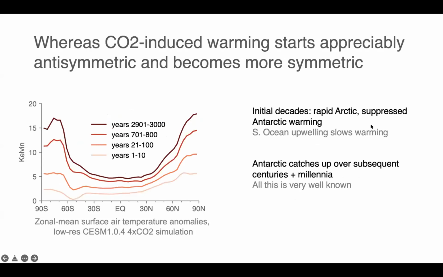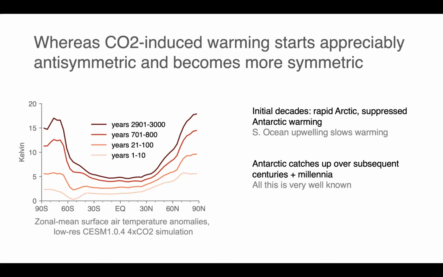That is true in the climatology, but the transient response to CO2 increase starts out quite antisymmetric. I'm showing now, in the same model, from years 1 through 10, all the way up to 3,000 years into the integration, in increasingly dark colors, the anomaly in surface air temperature.